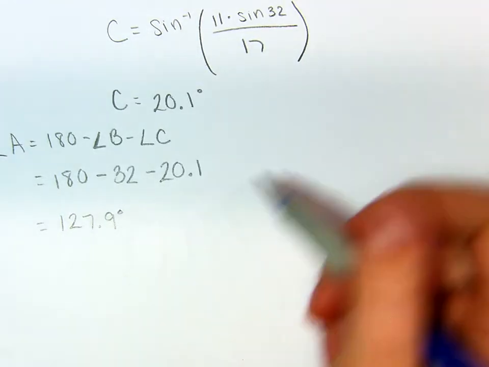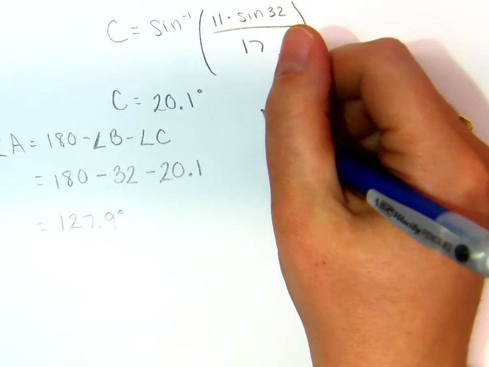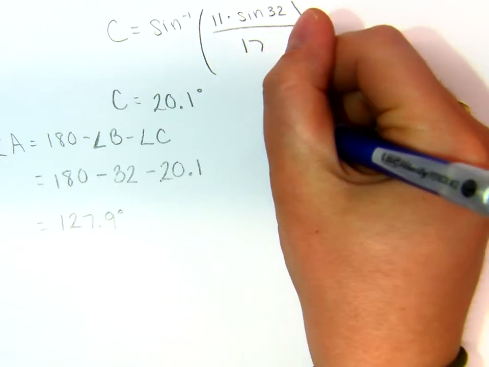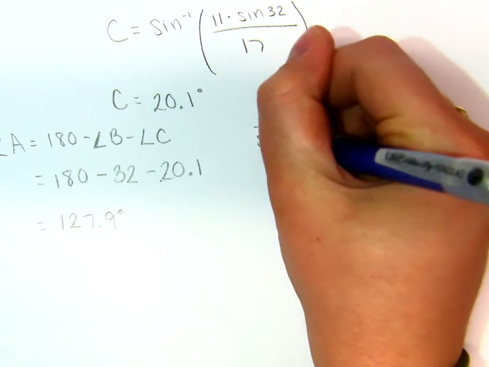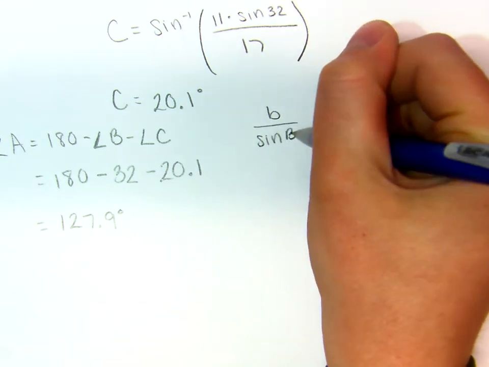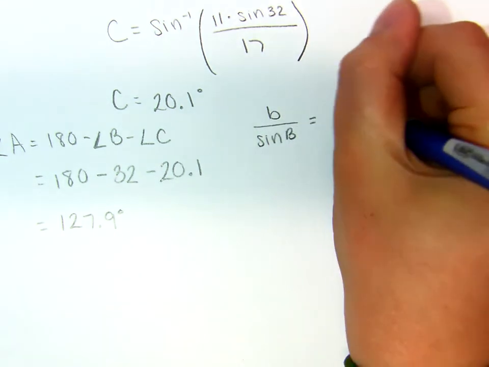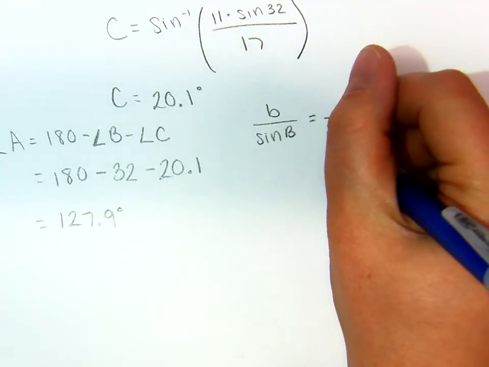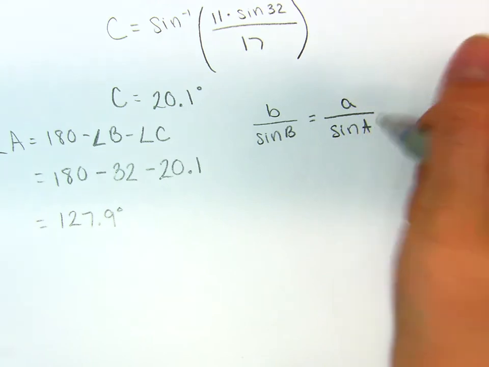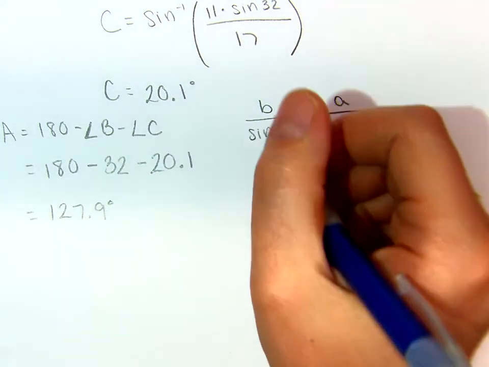I want to know side A now. So I'm going to use my B's again because I know both of those. And I'm going to use A because I want to find side A. So B's I was already given in the beginning.